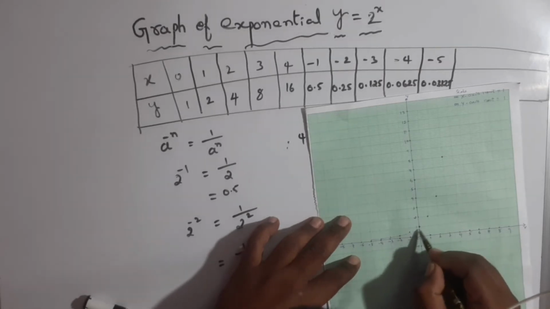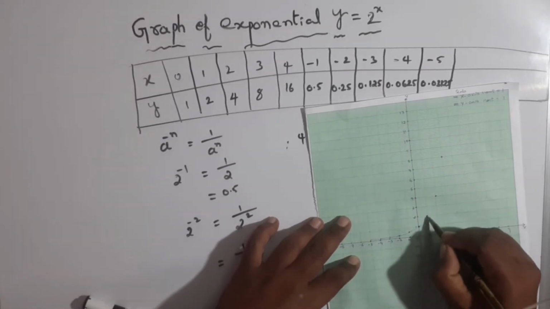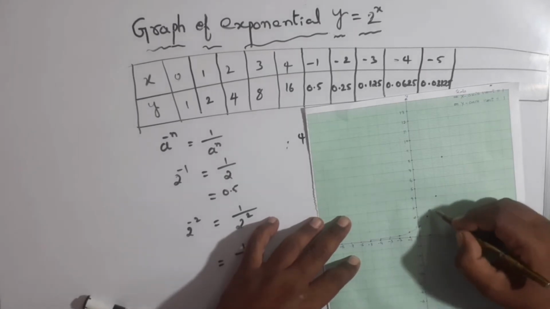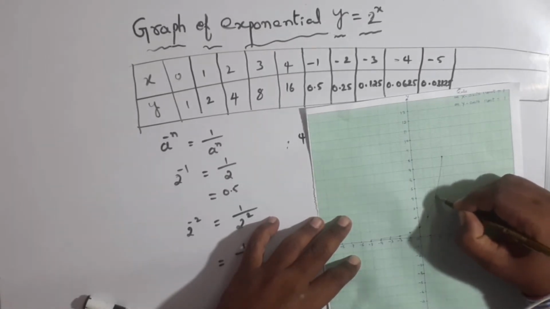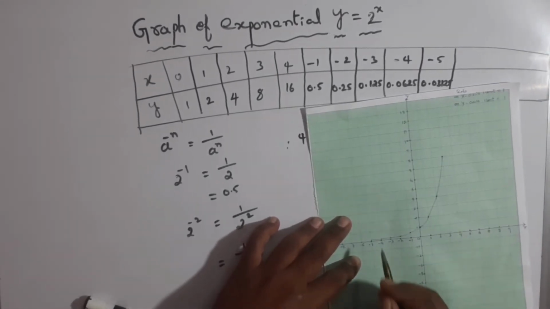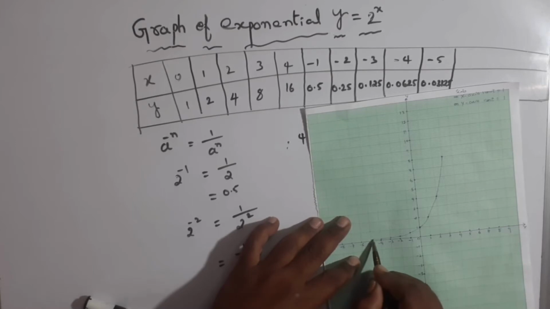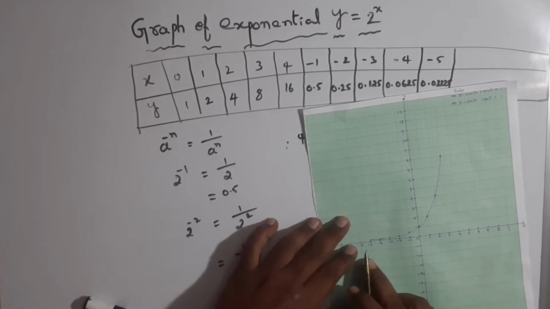You should not use a scale to join these points. If you join with free hand, you will get a smooth curve like this. If you observe this graph, it is never intersecting the x-axis. Understood?